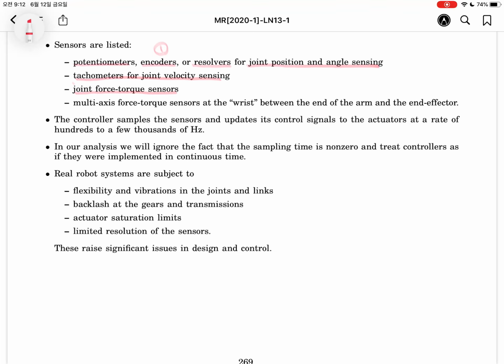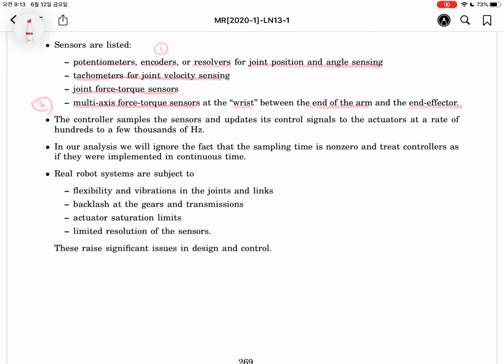So nowadays many kinds of well-known robot systems have the joint torque sensor. In many cases, it is actually a 6-axis force torque sensor at least between the end of the arm and the end effector. This is the more formal way. In my case, I used an encoder and a 6-axis force torque sensor to perform the force control and the position control.